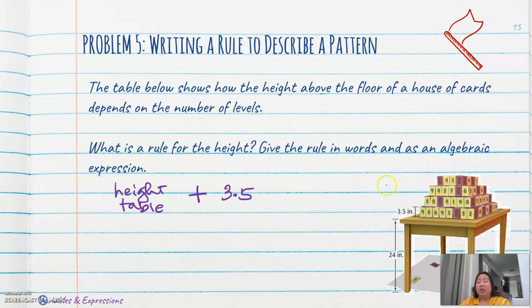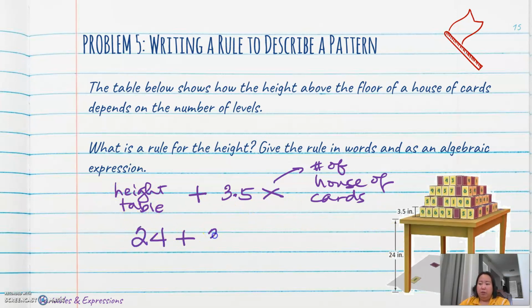We don't, so it could change. We can represent it as x. So x is our number of levels of the house of cards. If you substitute the value for the height of the table, that is 24 plus 3.5x. So this is our algebraic expression to represent the height.